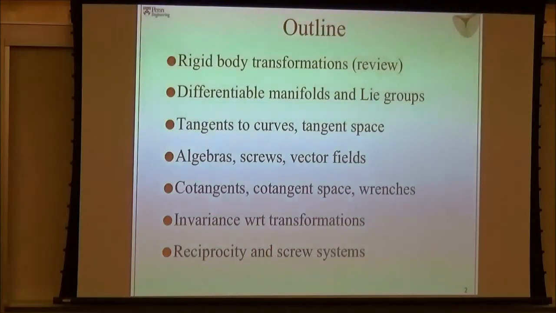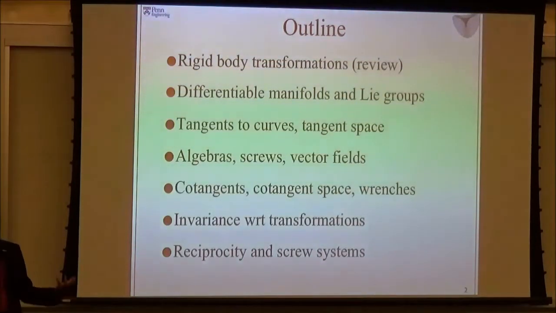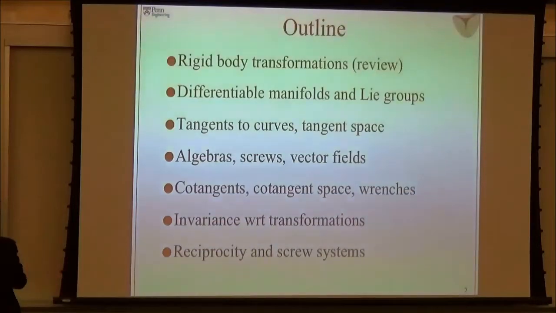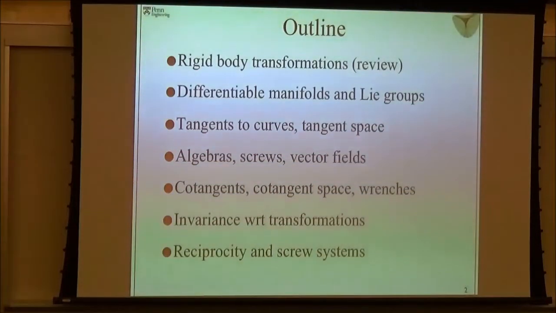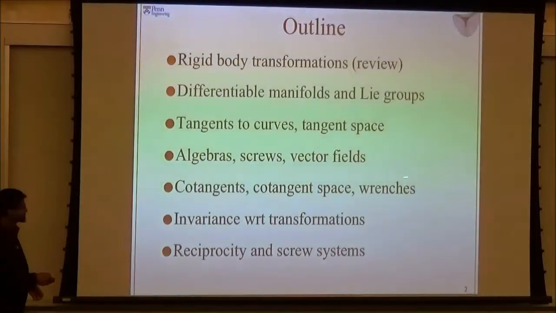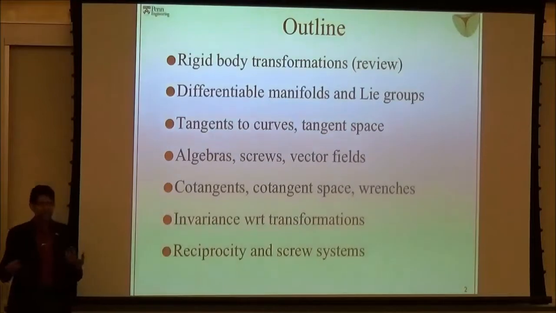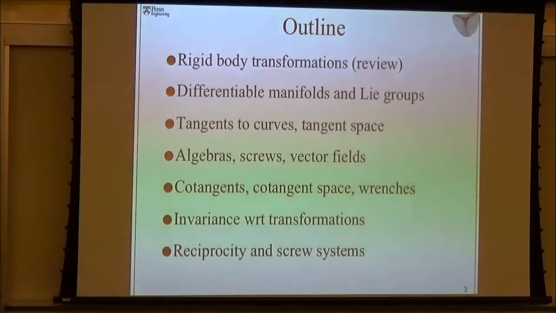That's not something you heard a lot about, but on Lie groups there are two types of vector fields that are particularly important: left invariant vector fields and right invariant vector fields. I'll say a little bit about that. In addition to tangents and tangent spaces, there are cotangents and cotangent spaces, and those are naturally linked to wrenches, which you've heard about.